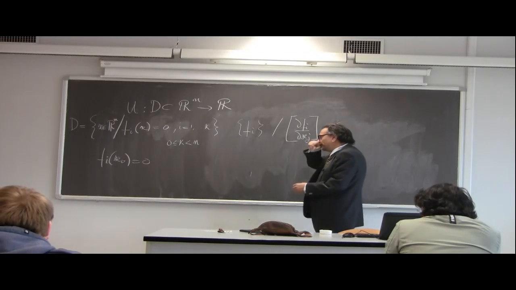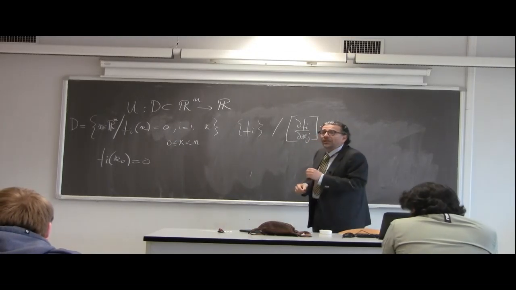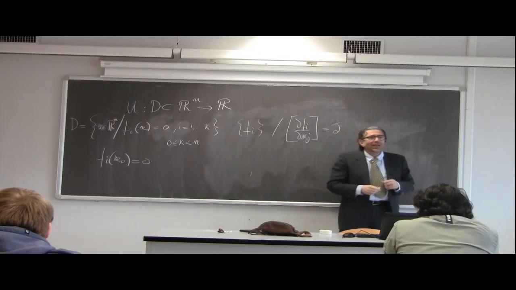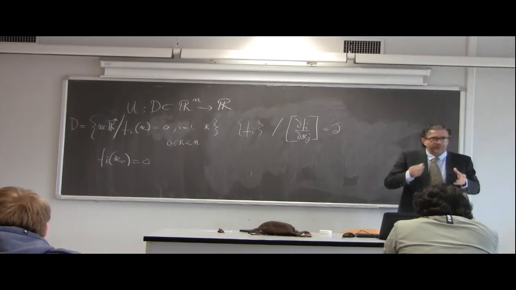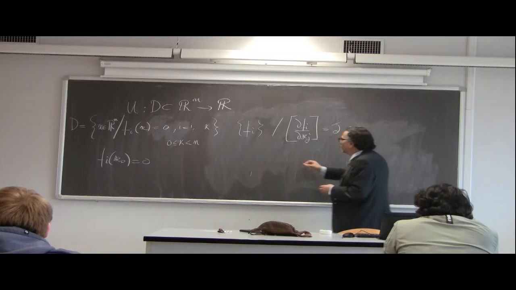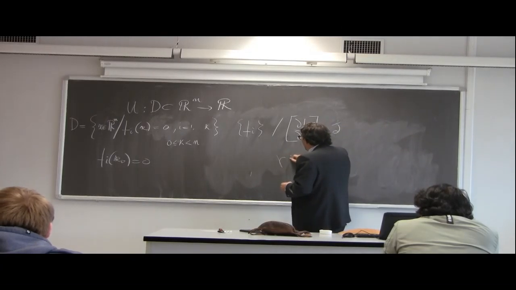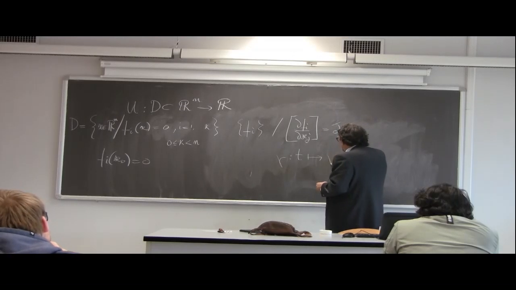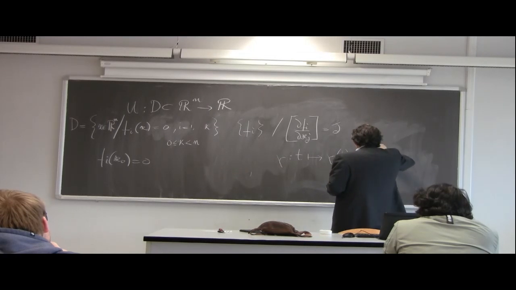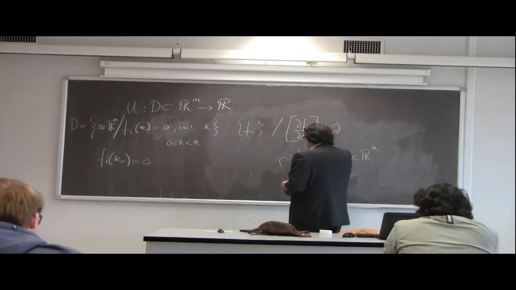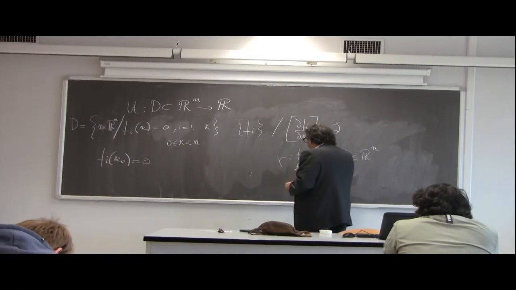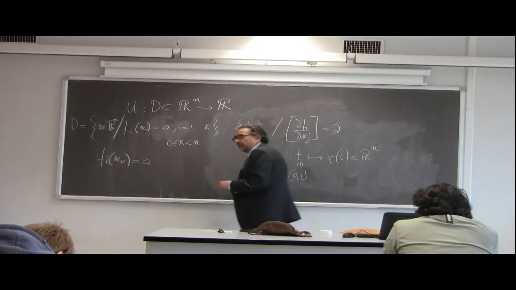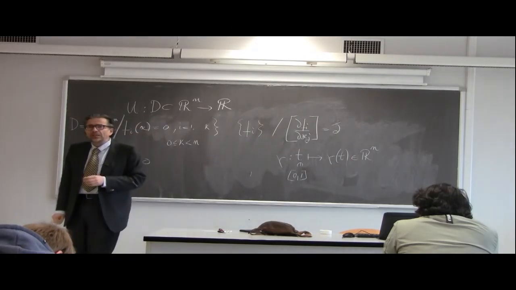Now, a particular kind of hypersurface is a curve. So we can define gamma, a curve in Rn, with a parameter t which belongs to R, or even [0, 1], just to be specific.